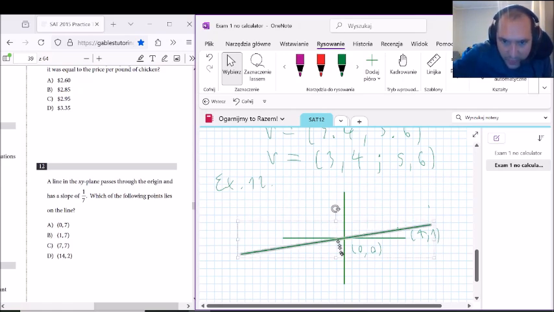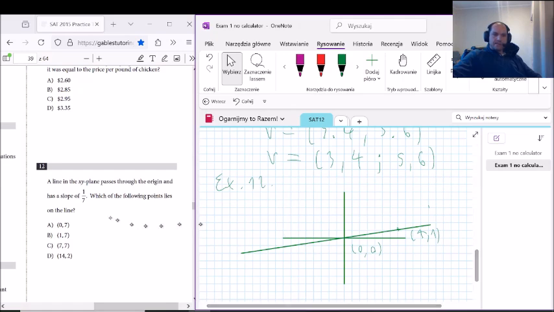Okay, and now 2, 4, 6, 7, and here it should be on 1, so a little bit higher. Yeah, this is our line. Which of the following points lies on the line? Okay, so we can try to just look at this drawing and tell which one.